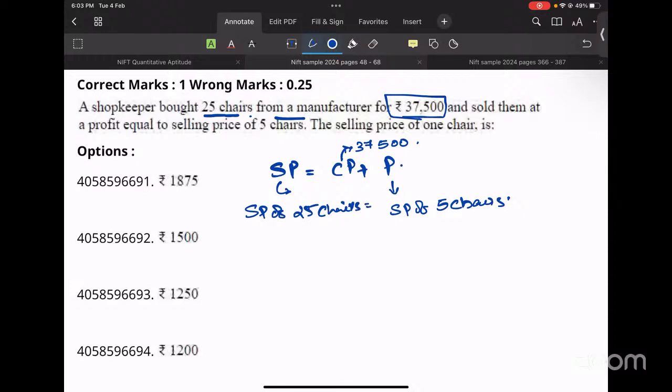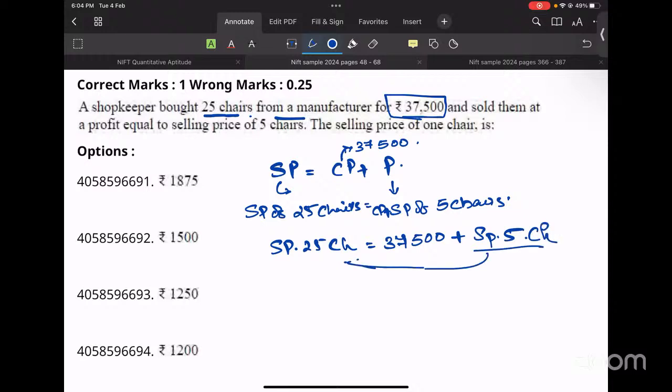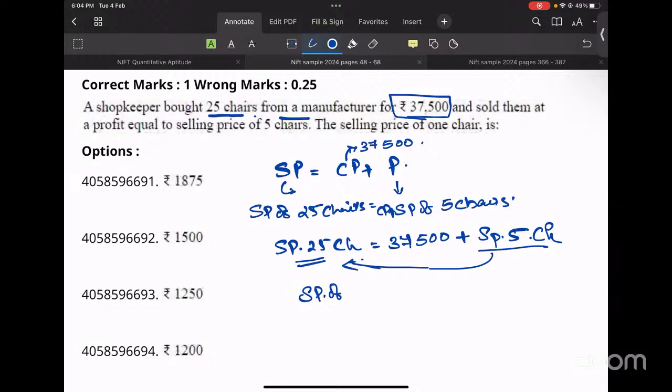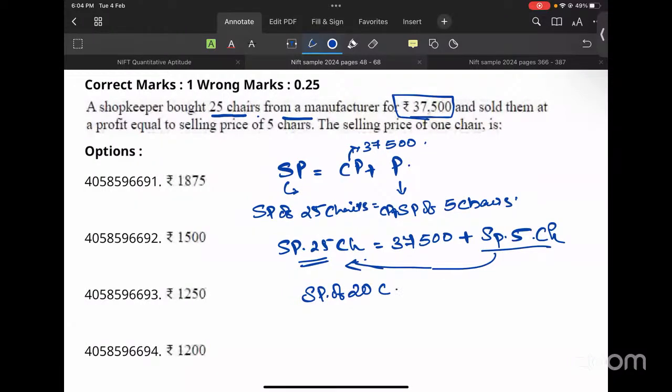Now you can equate. Selling price of 25 chairs equals the cost price, 37,500, plus the selling price of 5 chairs. Now you can bring the selling price of 5 chairs to the left. So selling price of 25 chairs minus selling price of 5 chairs is equal to the selling price of 20 chairs, which is equal to 37,500.